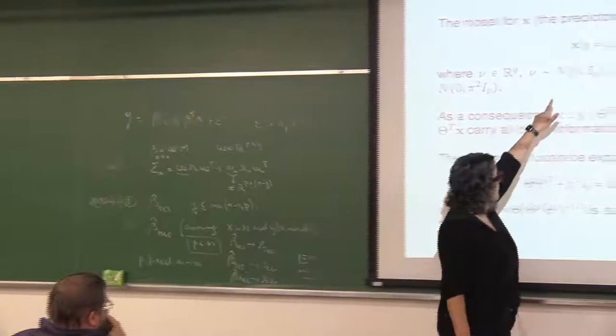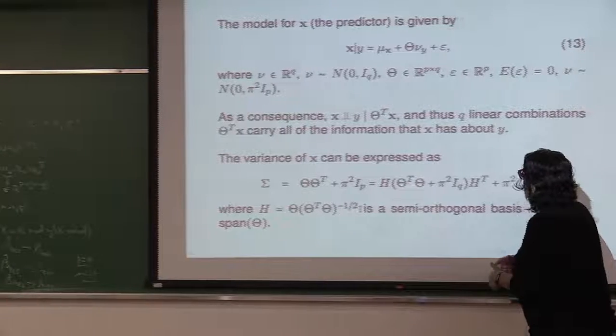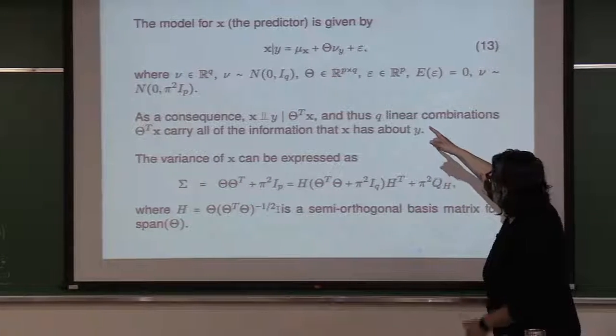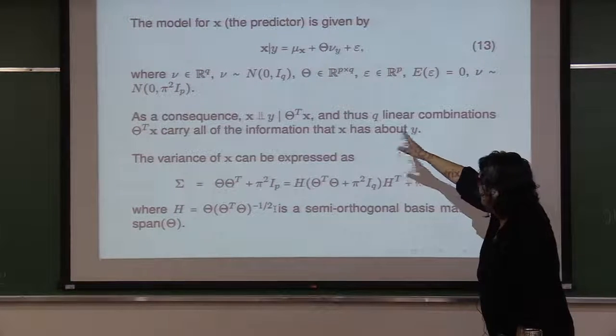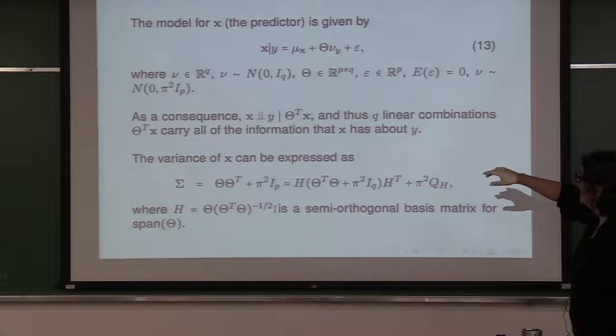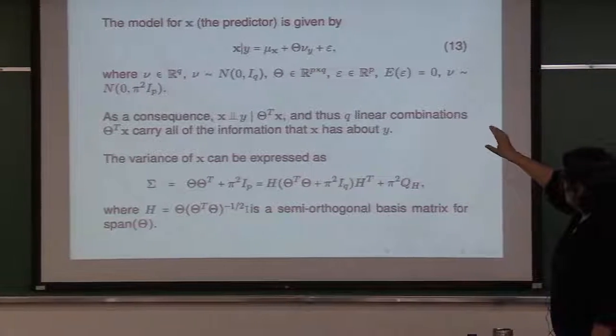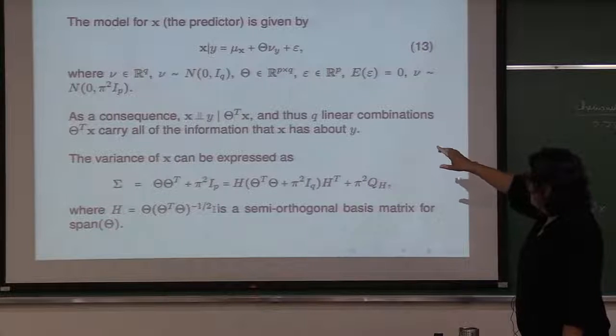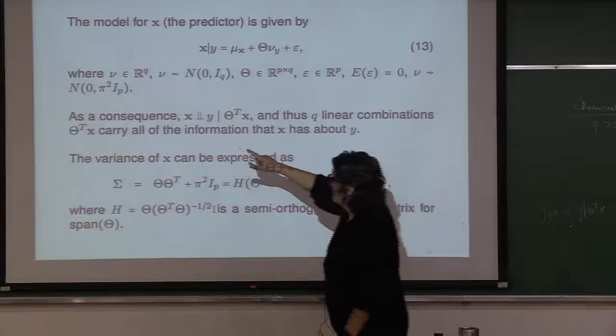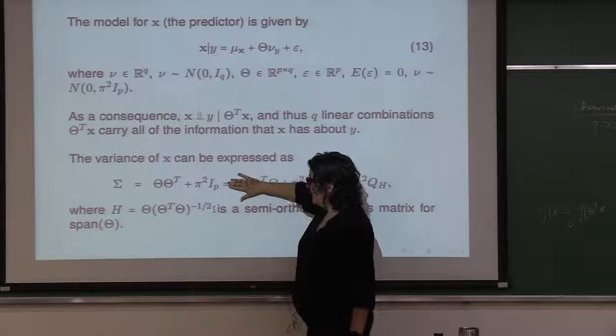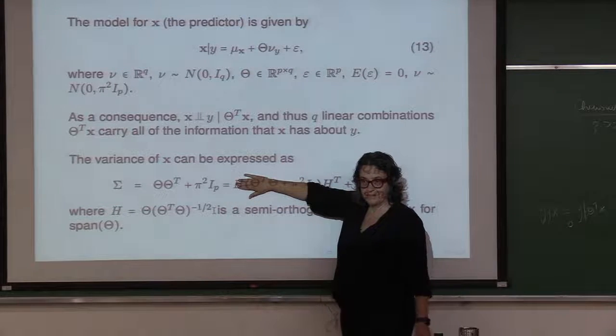When you compute the variance of X, what is this? It is theta times the variance of nu, which is the identity here, I assume identity, and epsilon in the model that I present has variance pi squared identity. Meaning the variance of X, the marginal one, is this one.